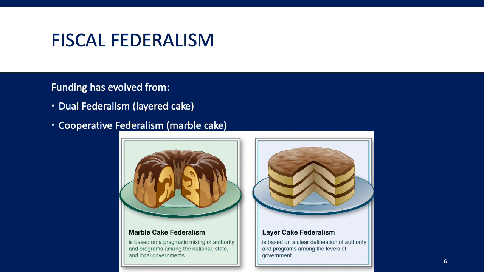So again, our layered cake is an illustration to understand that each level of government has its own separate powers. And our marble cake is an illustration to understand that the levels of government have mixed together their power and responsibility. And again, just to emphasize the cooperative federalism, we have these shared costs, right? All levels contribute to this. We also have the establishment of federal guidelines, right?